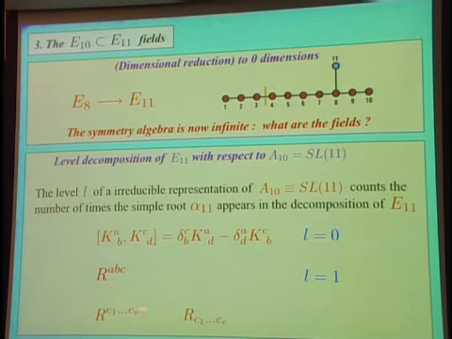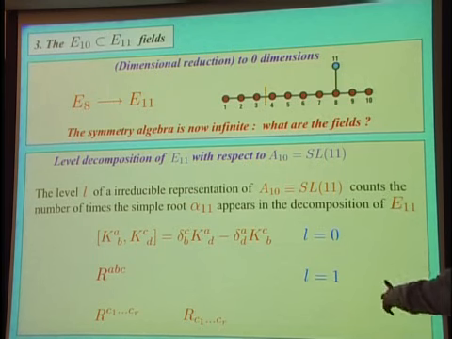And higher, we have a more complicated Young tableau, and I represent every higher positive level by upper indices and negative level by lower indices. But these, we can say, okay, these are generators.